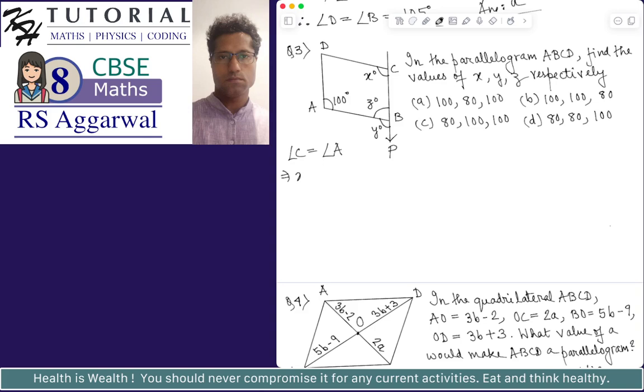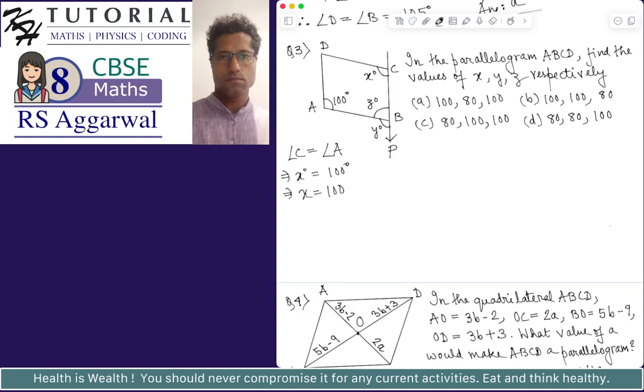Since angle A is equal to 100 degrees, this implies x is equal to 100.